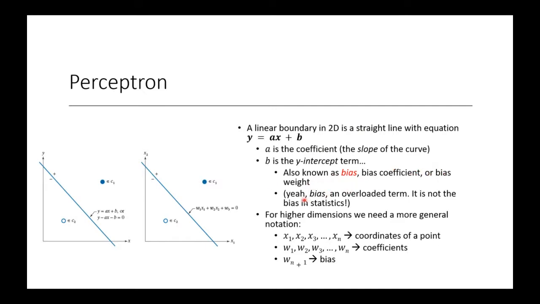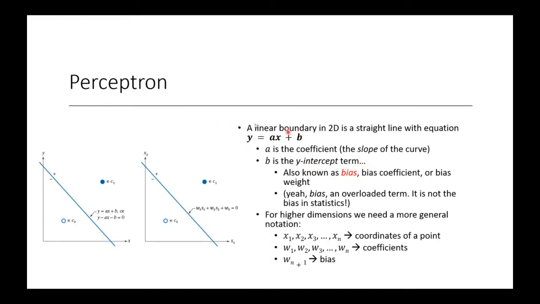Unfortunately, they use the same word bias that we used before in a statistical term. It's overloaded. So bias here has no relation to the statistical bias or to the bias in a kernel that we discussed before. In neural networks, when we say bias, we are usually talking about the y-intercept term in these equations.